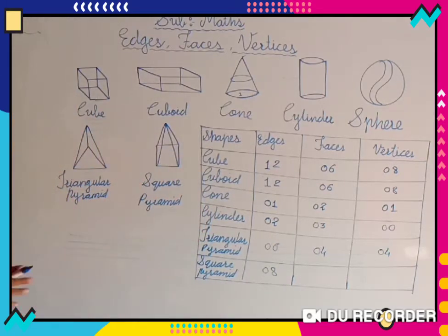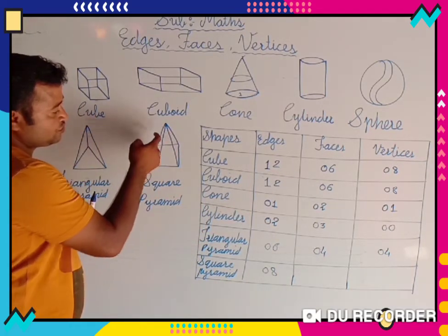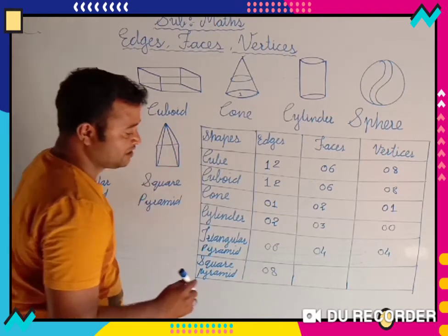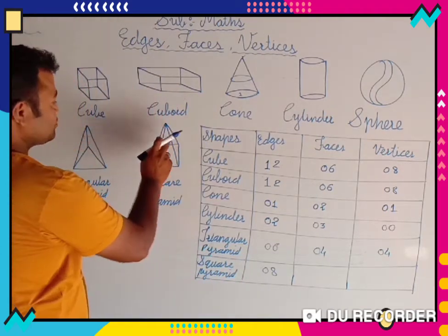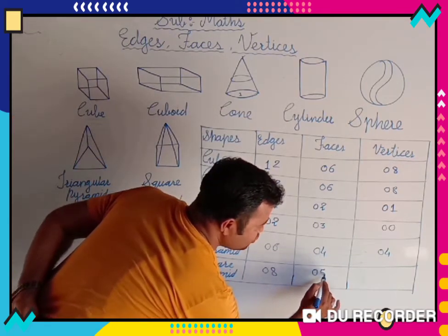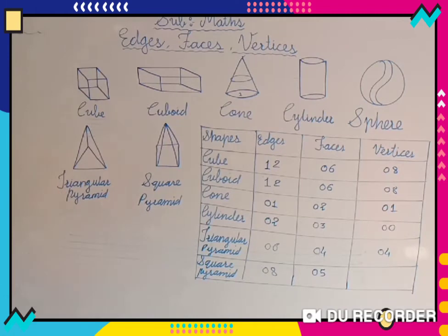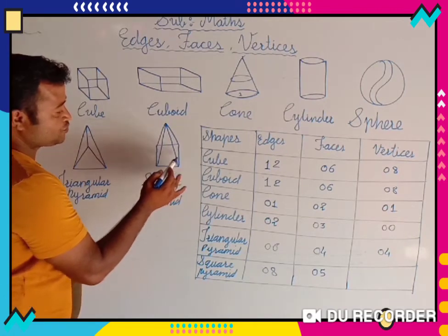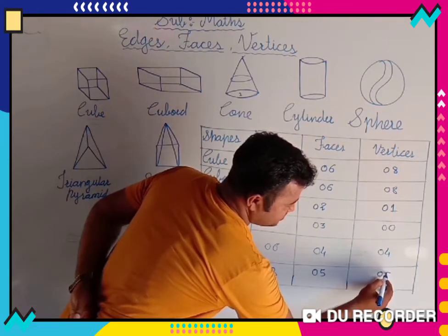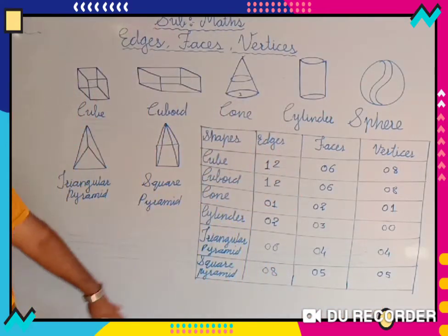Number of faces are 1, 2, 3, behind 1 that is 4, and downside 1 that is 5. So the number of faces in a square pyramid is 5, and the number of vertices are 1, 2, 3, 4 and 5, right?